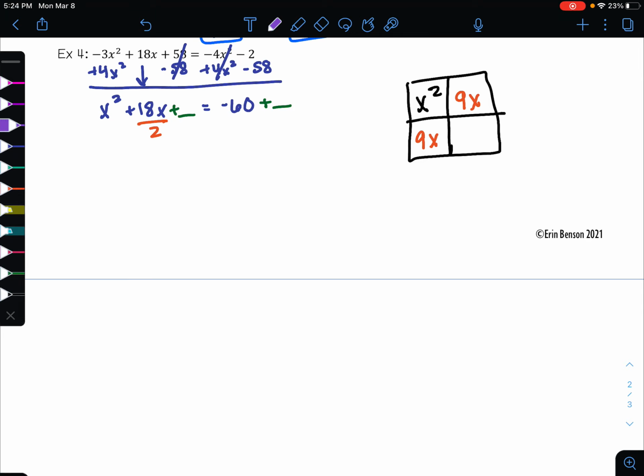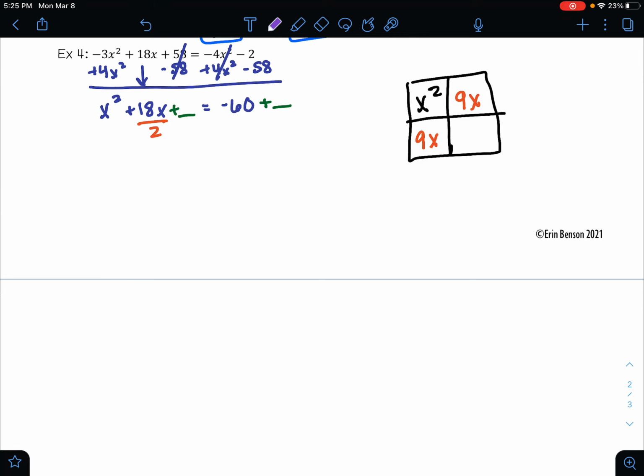The greatest common factor between x squared and 9x is x. X times 9 is 9x, and x times 9 is 9x.